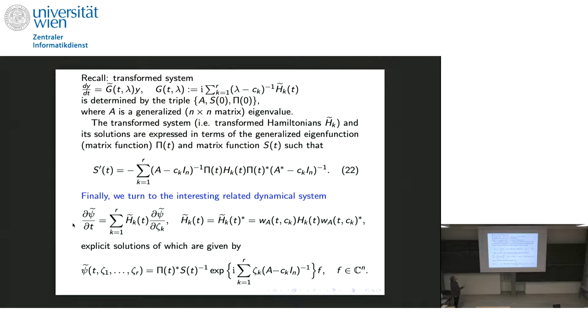And A is a so-called generalized matrix eigenvalue. I will not write the precise equation for pi of t. It is something similar to the system which we wrote above.